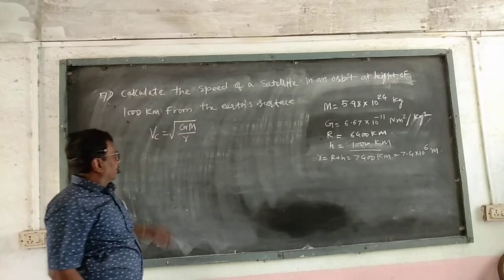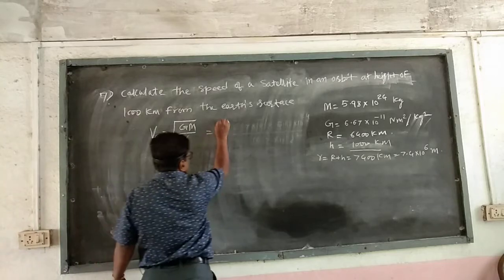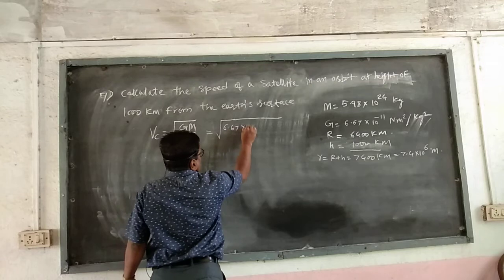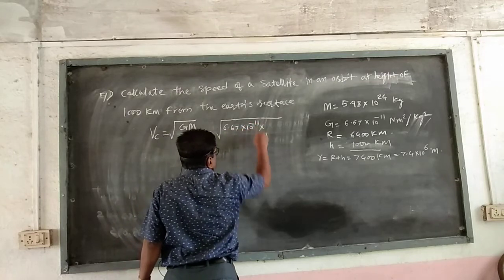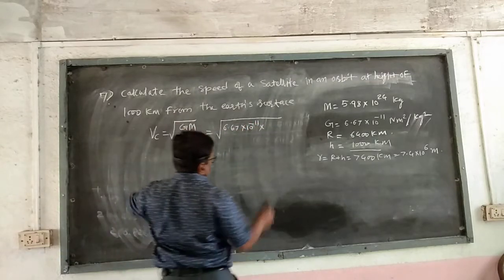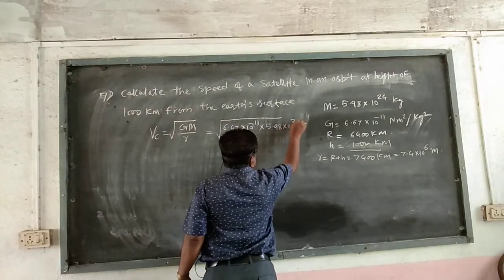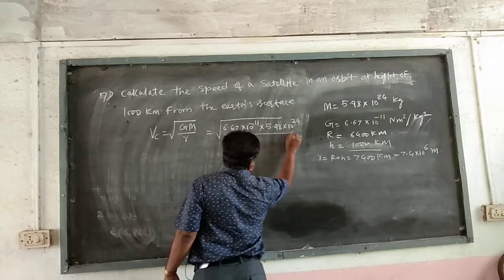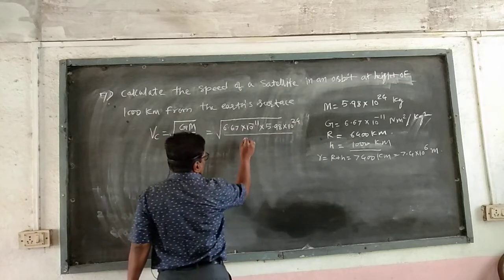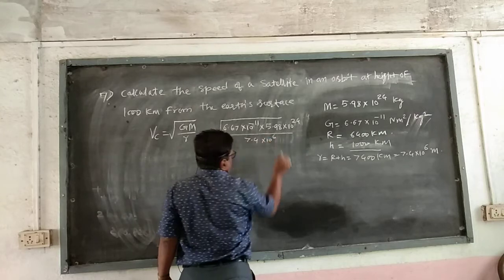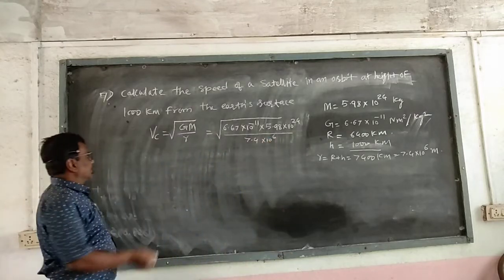Now substitute values here. We get Vc equal to under root of G, 6.67 into 10 to the power minus 11, capital M 5.98 into 10 to the power 24, divided by r, 7.4 into 10 to the power 6. Solve this.